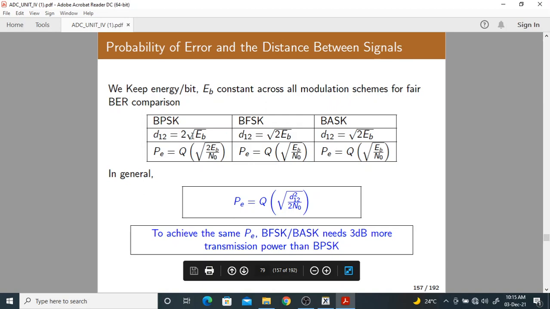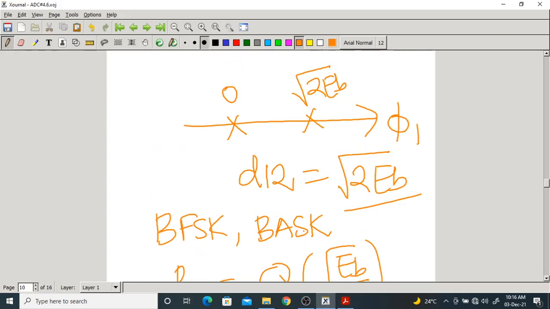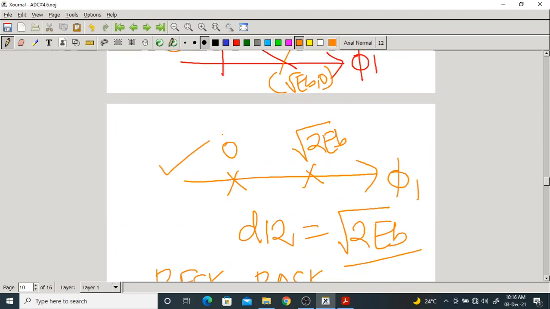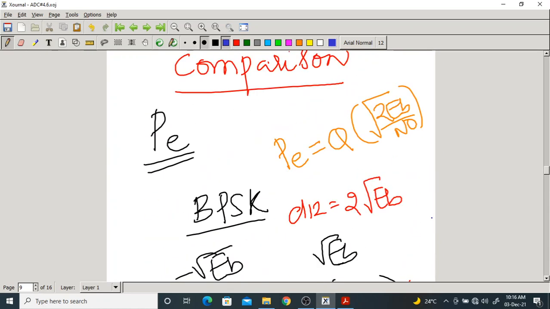Now you can clearly observe that there is a relation between the probability of error and the distance between the message points. Because the distance between message points is the same in BFSK and BASK, eventually they have the same probability of error. But in BPSK, the distance is different and we have a different probability of error.